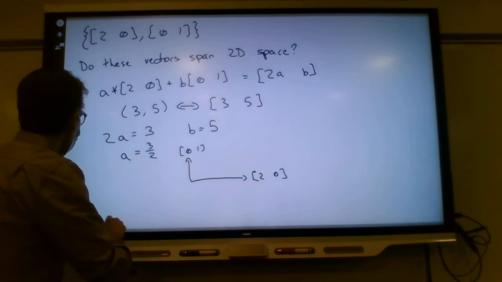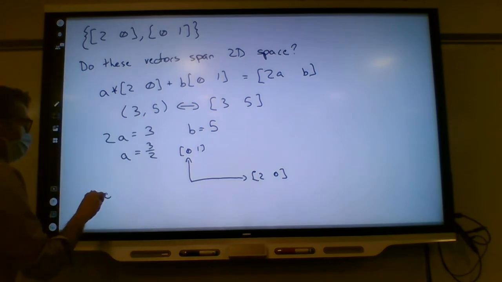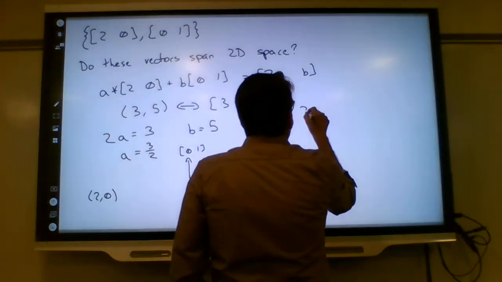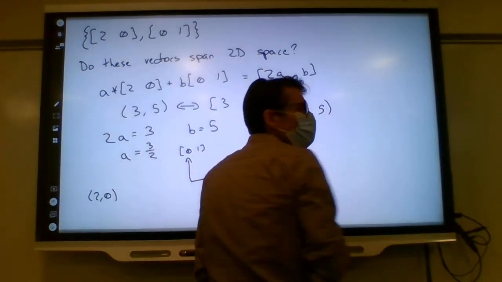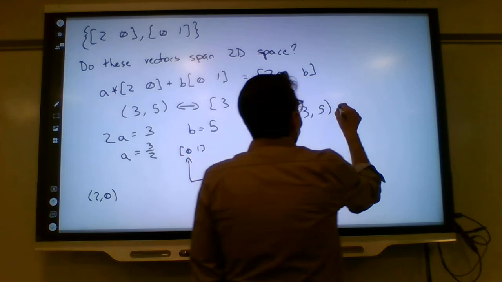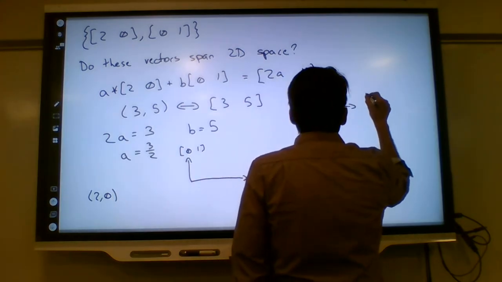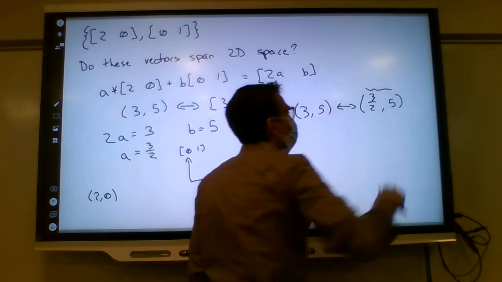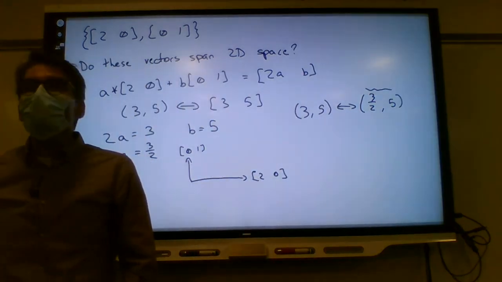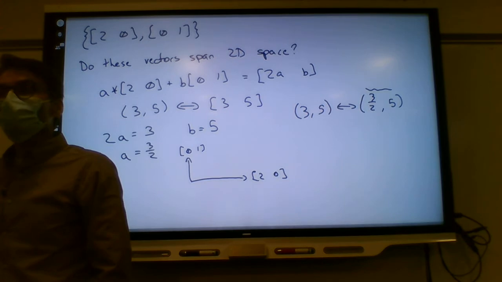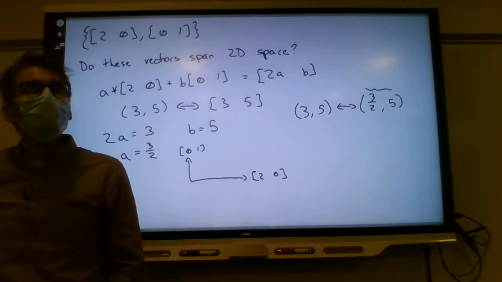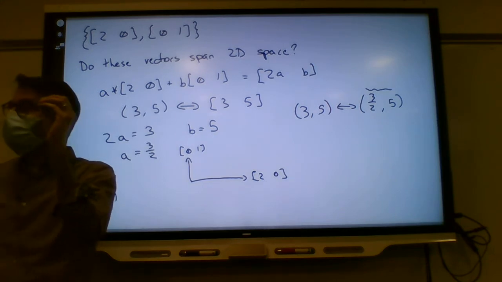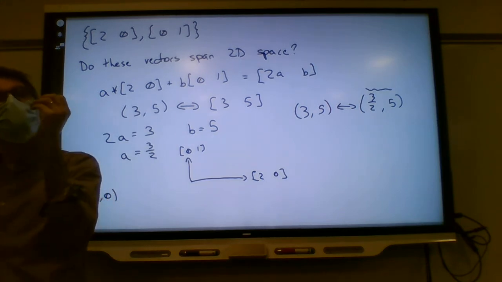What is the point 2, 0 in this new coordinate system, right? So what we would say in this case is the point 3, 5 in the old coordinate system matches with the point 3/2, 5 in, I don't know, put some squiggle on there, the new coordinate system. So in the new coordinate system, what was the point 3, 5 is still the same location in space. It just has a different name now.